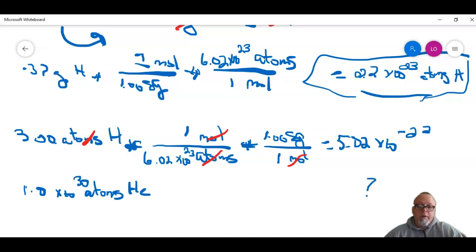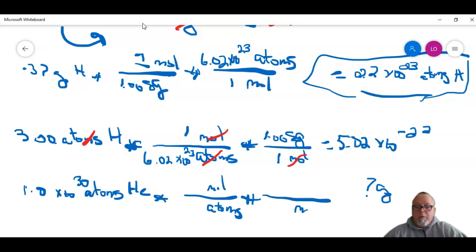So I'll put grams over here. If I have atoms, I need to go through the mole. So we get rid of atoms, go through to the mole, multiply this out, and then get rid of mole and go to grams.